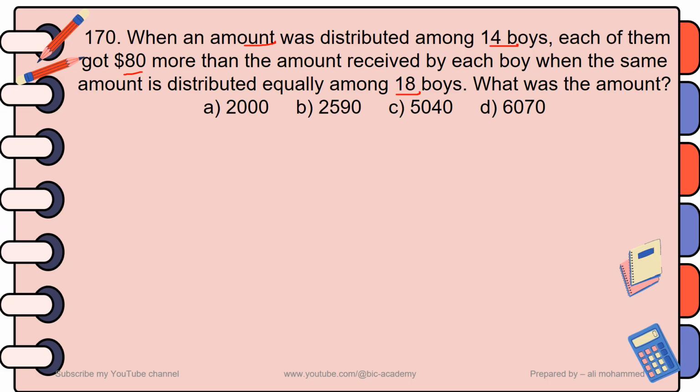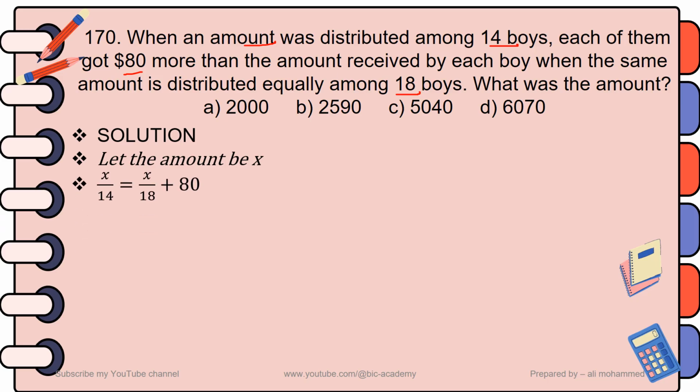First, you have to convert this word problem into a mathematical equation to get the amount of dollars that is distributed. So let's say the amount is X. It is unknown. Then you can have this equation: X over 14 is equal to X over 18 plus 80.